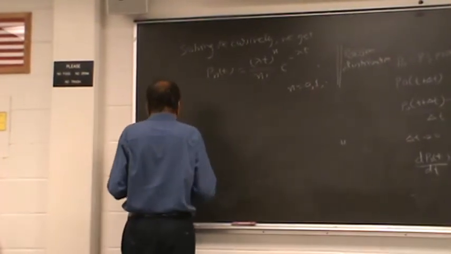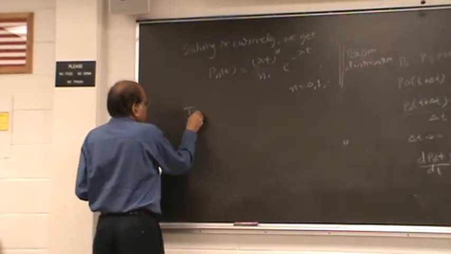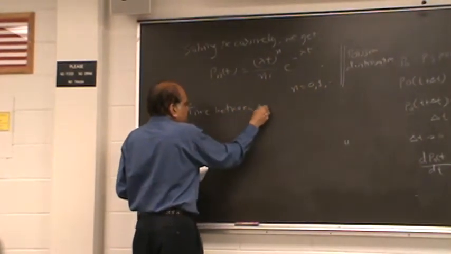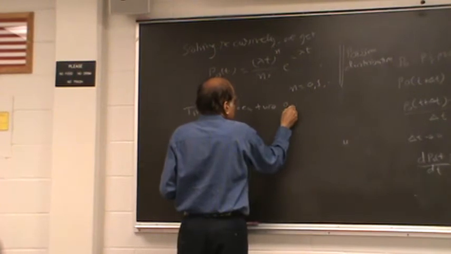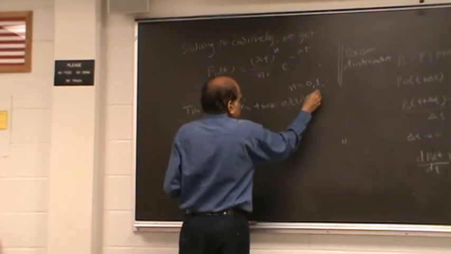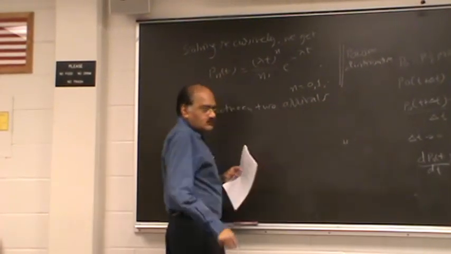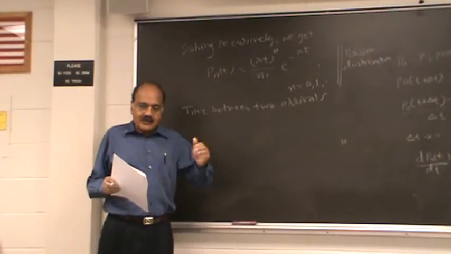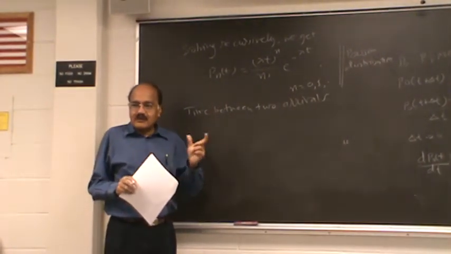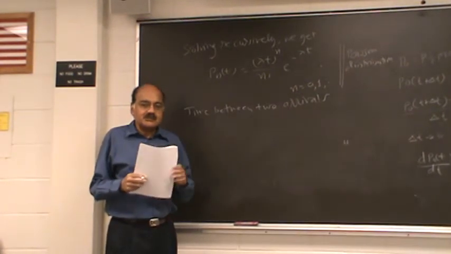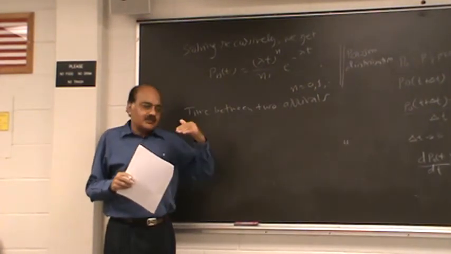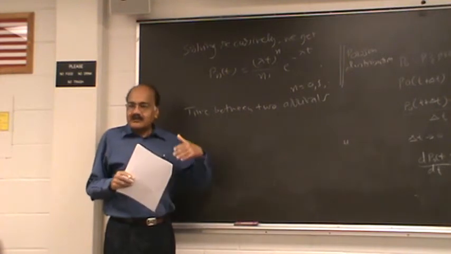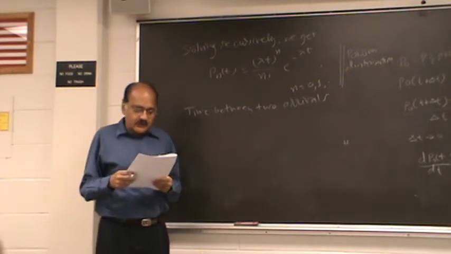Let us talk about the time between two arrivals. So you have one thing arrives, next thing arrives, and of course they don't arrive deterministically, they arrive randomly. So the next arrival could be immediately afterwards, or it could take a while, but it is governed by some distribution.